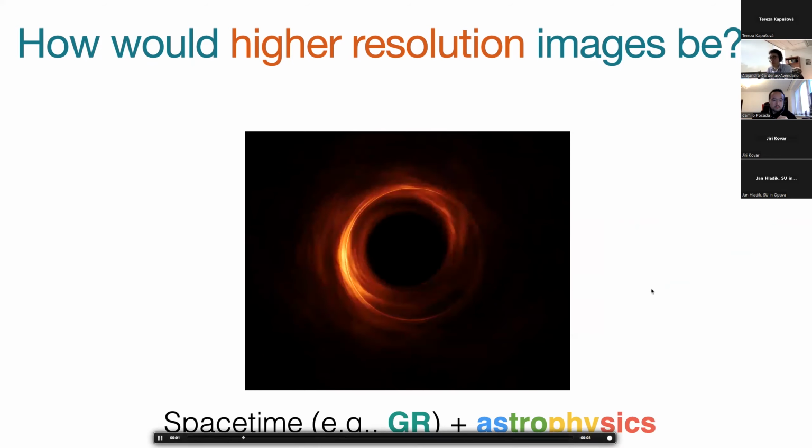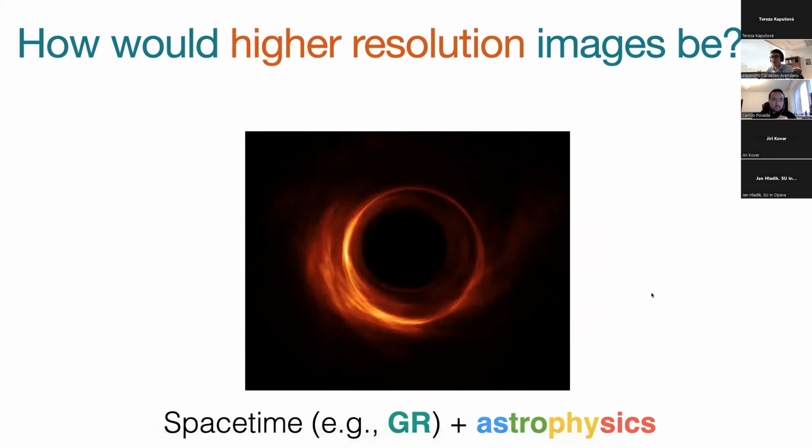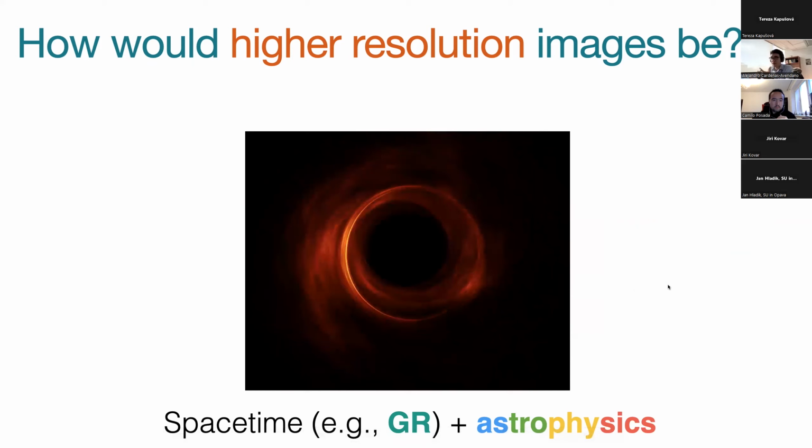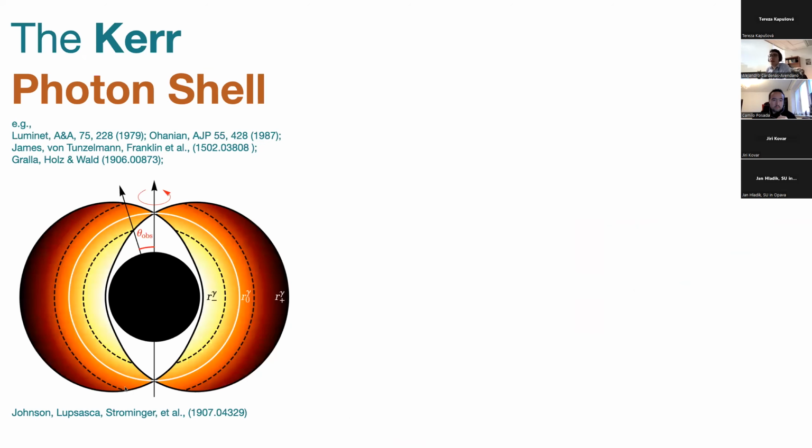So let us continue and think about, is there a way or proposals to disentangle these two bits? Now, going a little bit on a theoretical tangent, in the Kerr solution there is a region in the space-time called the photon shell, where all the bound null geodesics are allowed. What I mean is that they will not escape to infinity and will not go into the event horizon.